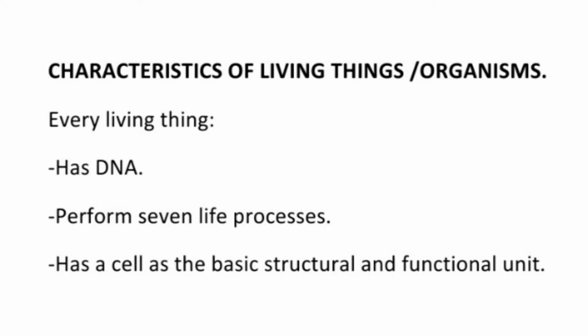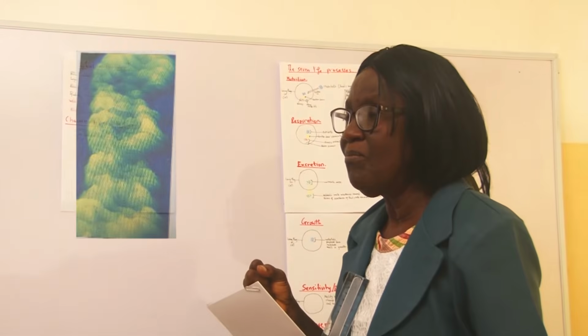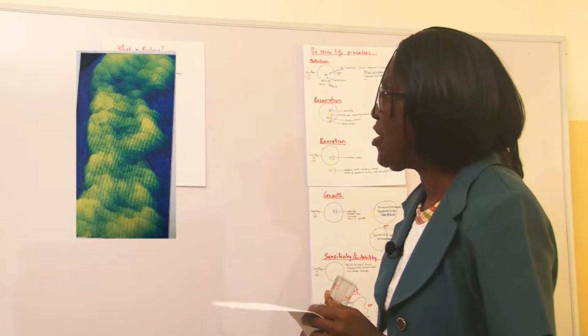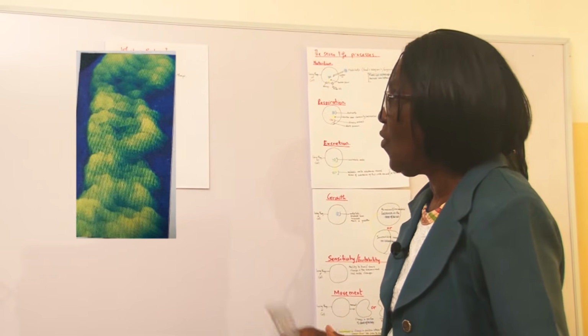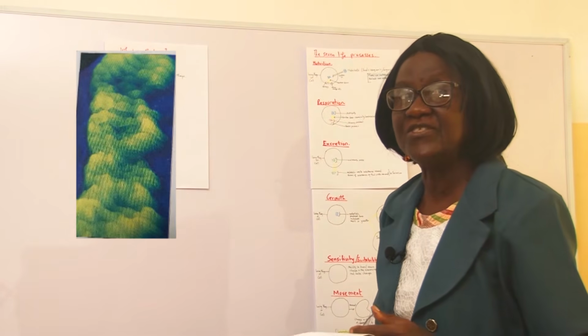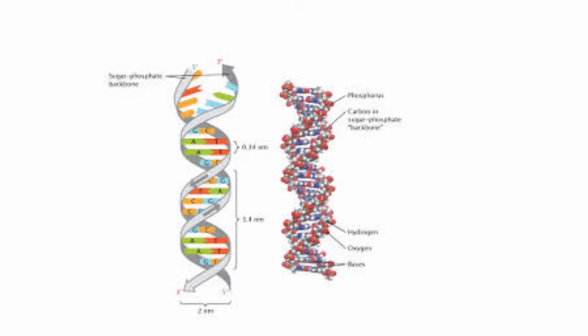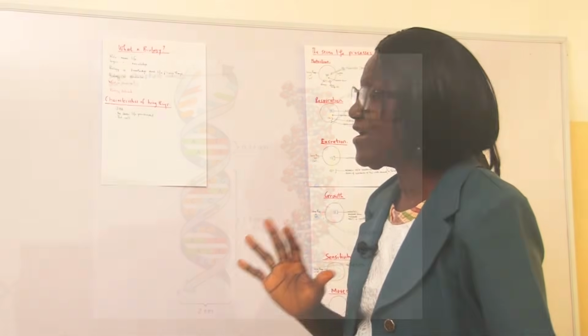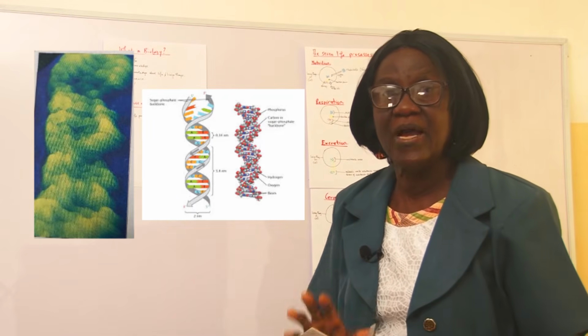So quickly, let's look at DNA. DNA is a large molecule, very huge. We'll look at the structure and functions of DNA in detail, but just quickly look at it there. It's a double chain of molecules, and its function is to determine all the characteristics of the organism.